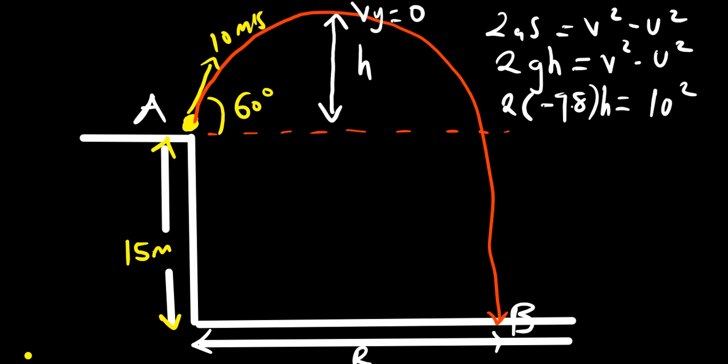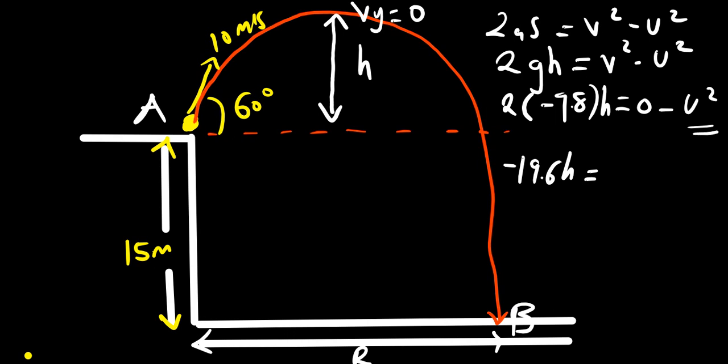Actually it will be 0 minus u squared. Okay, so in this case 2 multiplied by negative 9.8, we have negative 19.6h is equal to, now we've remained with u squared.